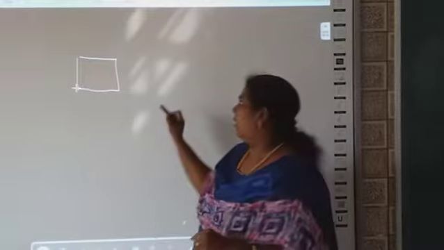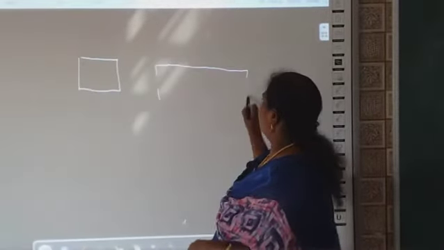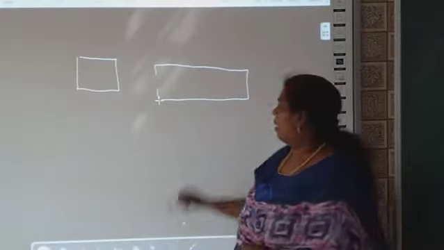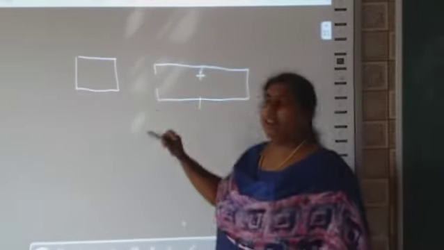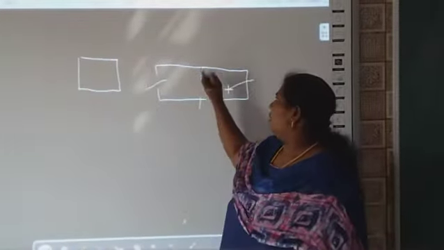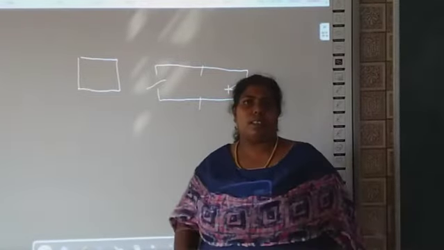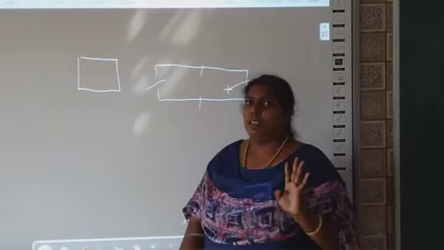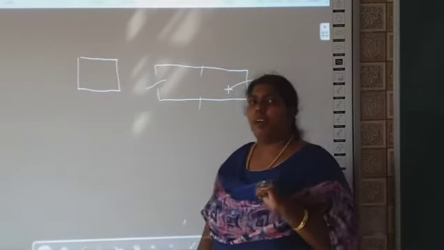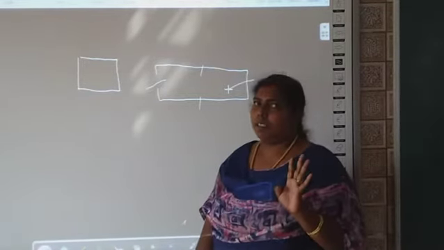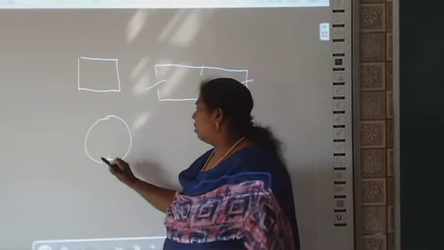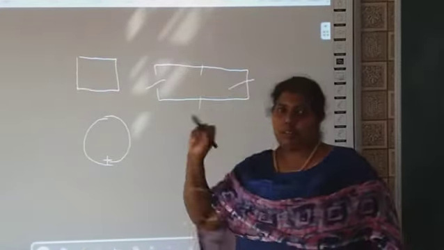Then rectangle. Rectangle, opposite sides are equal. These 2 sides are equal. These 2 sides are equal. Opposite sides are equal. Here also, how many sides? 4 sides, and how many corners? 4 corners. Then circle, only curved space, right?